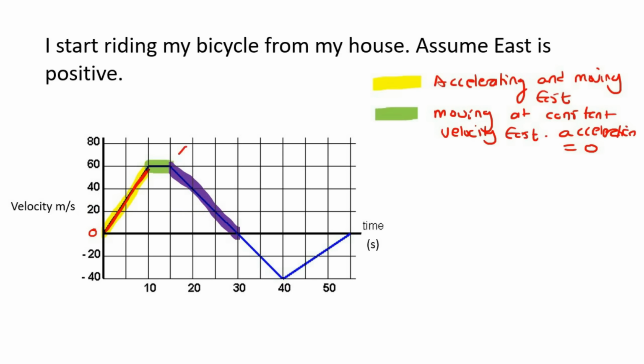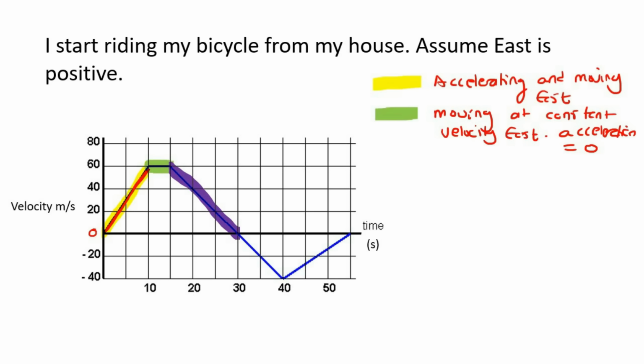So all that happens from here to here is the person maybe started using their brakes and they're just slowing down, but they're still moving east. They're still moving away from the starting position, okay? But if it was a displacement graph, then this would mean the person has turned around. But this is not a displacement graph, this is a velocity graph.